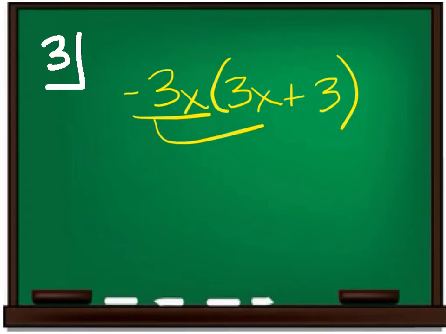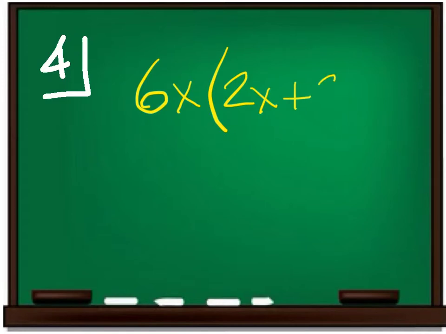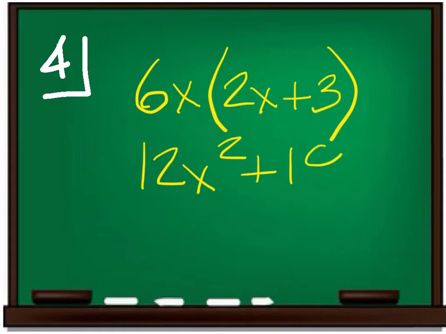Negative 3x times 3x is negative 9x squared, and then negative 3x times 3 is minus 9x. Answer on this one should be 12x squared plus 18x.